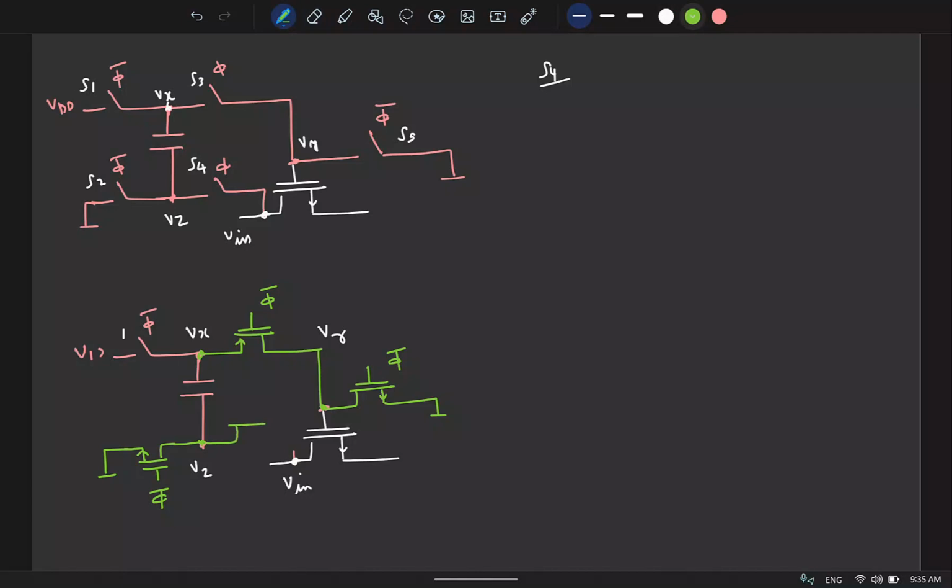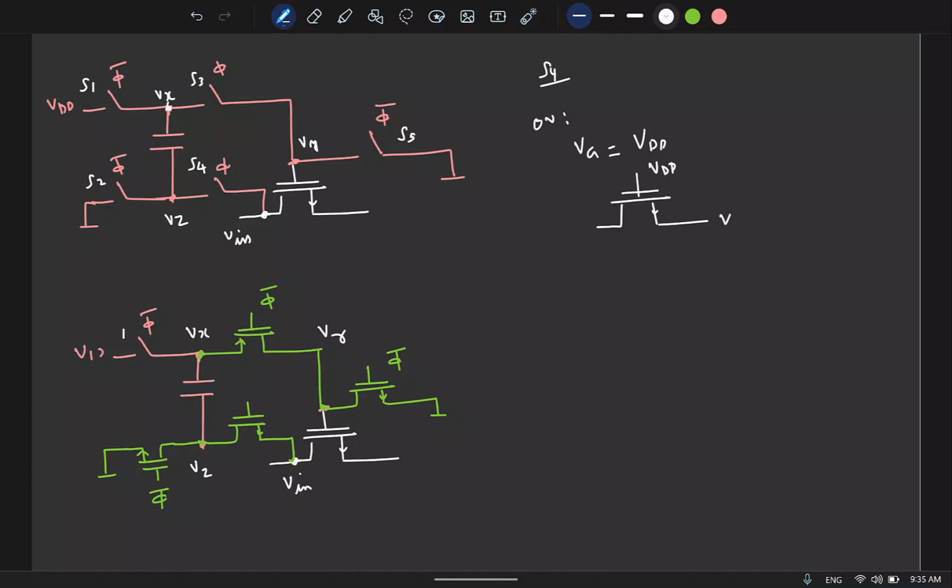So we'll do this. But again, remember that when you want to turn the switch on, if you apply a gate voltage of VDD, that won't be enough because the switch S4 has its gate at VDD and the source at Vin, right?